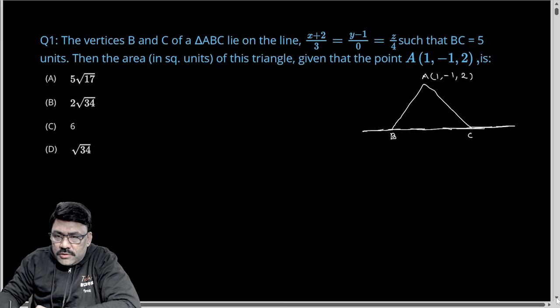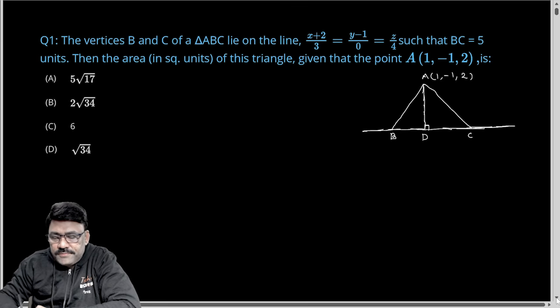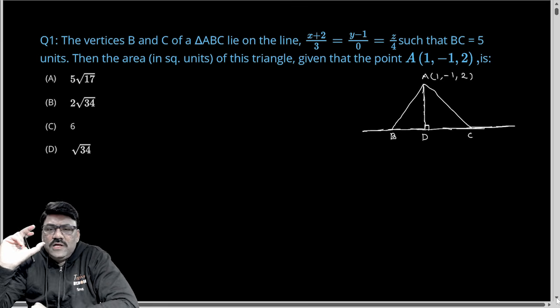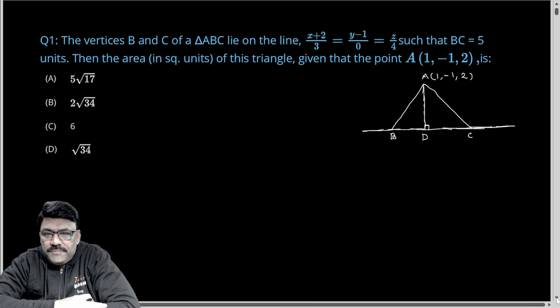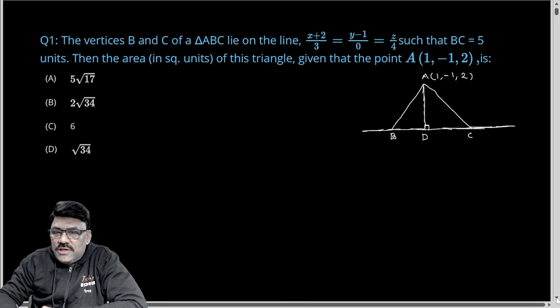So let's draw the altitude from the vertex A to the side BC, and let's say the foot of the altitude is D here. So I need the point D first and then length AD. Now D is a point on the given line.